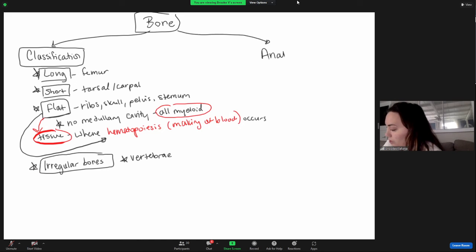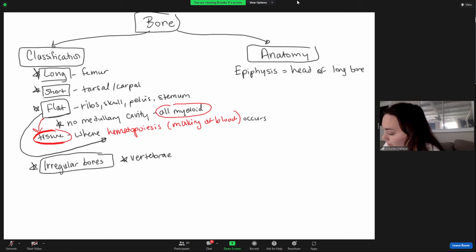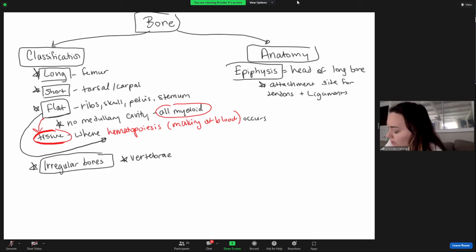Bone, according to anatomy of the bone, we have our epiphysis. The epiphysis is the head of the long bone, and it is our attachment site for tendons and ligaments. So that's where our tendons and our ligaments attach.